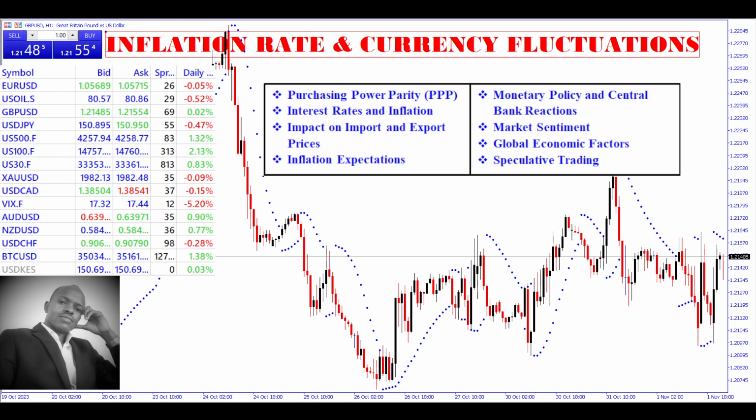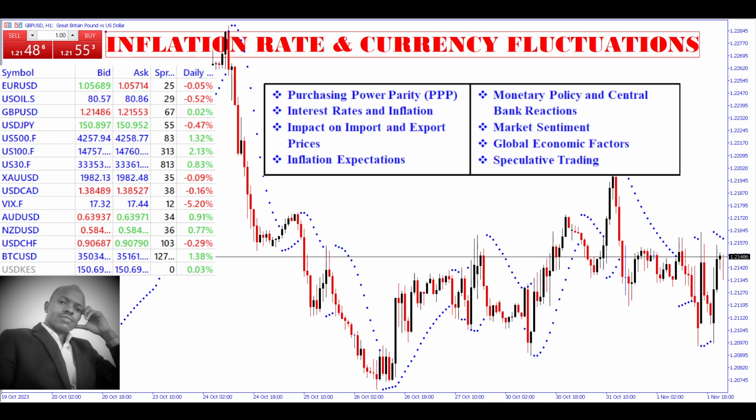So we see that when inflation is rising, the Bank of England will be monitoring to see if there is a chance that it will rise above their target of 2%. And if this is the case, then they would put measures like monetary tightening in place, and they may do this by raising the interest rates.